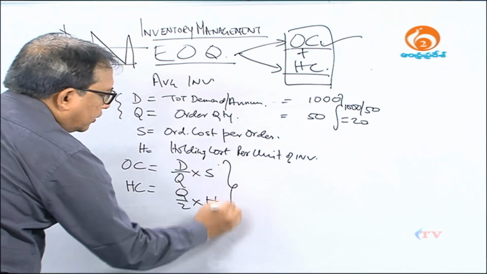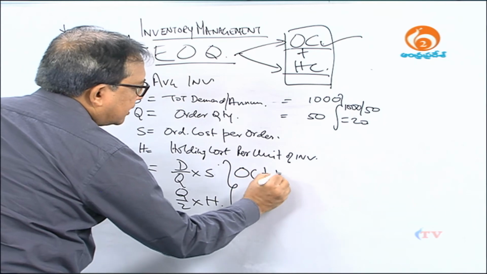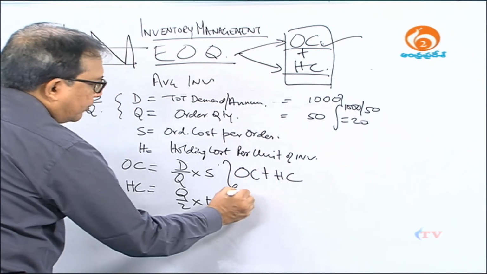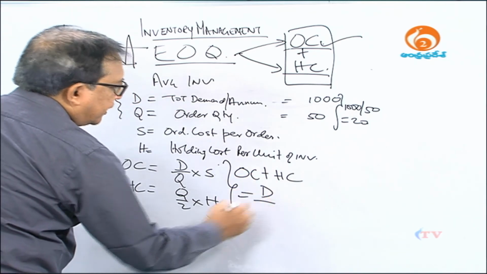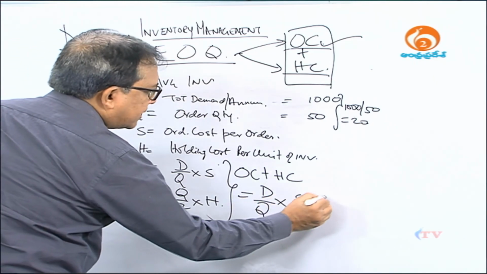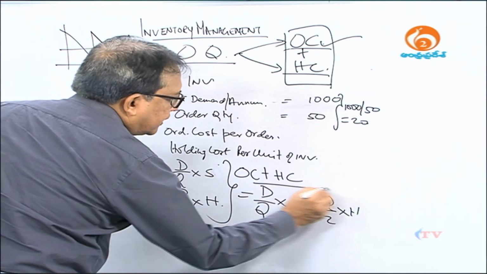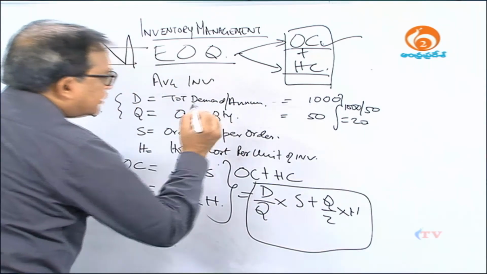My total cost is OC plus HC, which is equal to D by Q into S plus Q by 2 into H. That is my total cost.